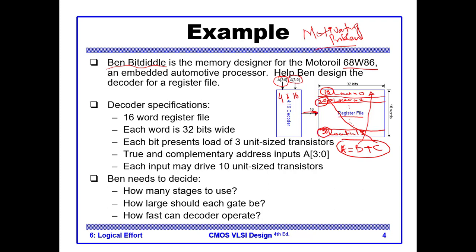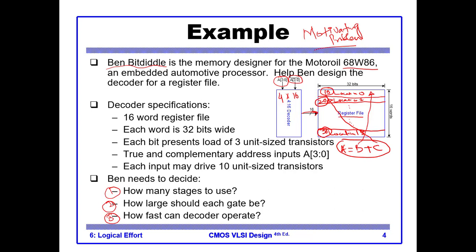The problem is we need to design a decoder in such a way that it should be fast. How many stages should be used in the decoder, how many stages of logic levels, how large should each gate be, and how fast can the decoder operate? This is like a motivating real world problem.